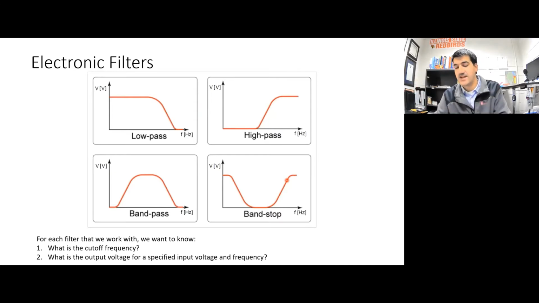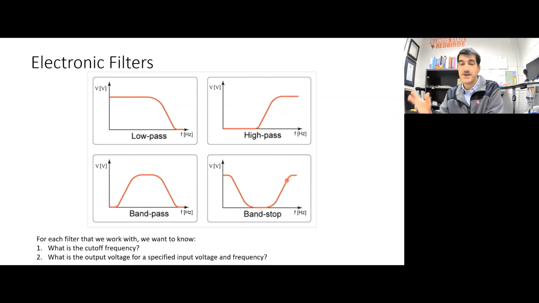So let's say you're collecting acoustic signals on the rooftop of the building, and there's a constant humming sound from a nearby motor. That motor emits a constant pitch, like a constant hum.